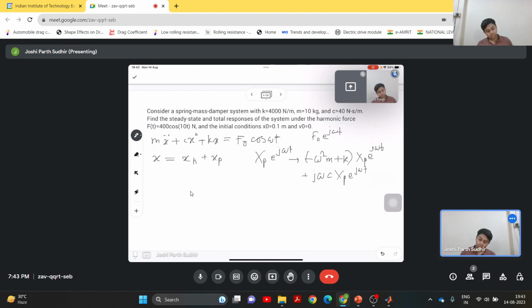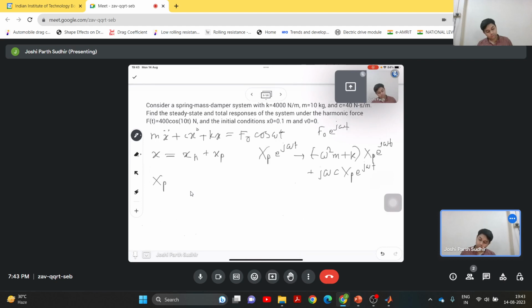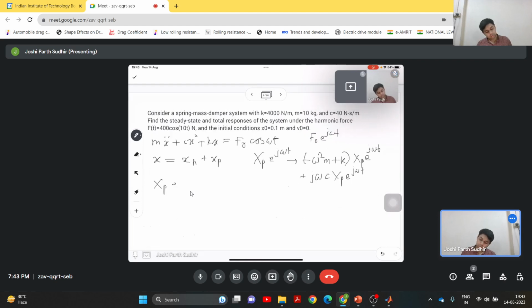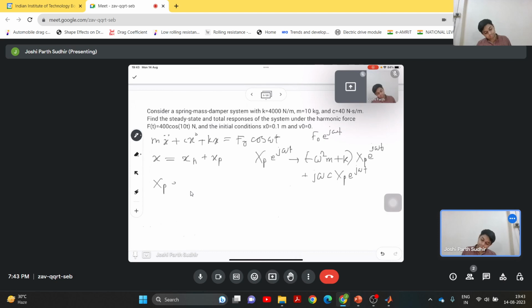So then xp e to the power j omega t into k minus m omega square plus j omega c is f naught e to the power j omega t.